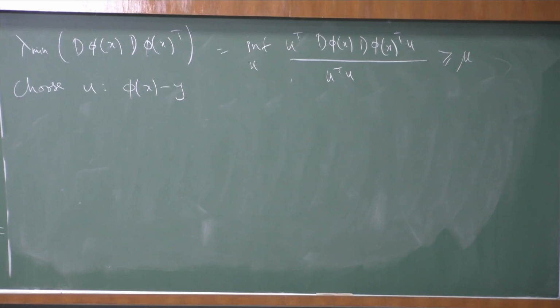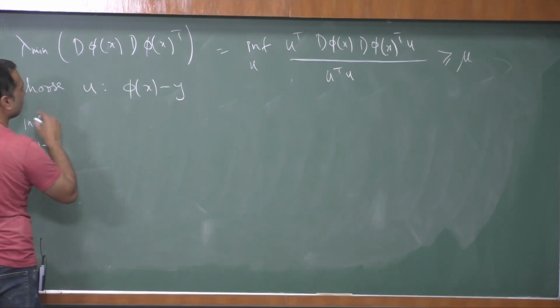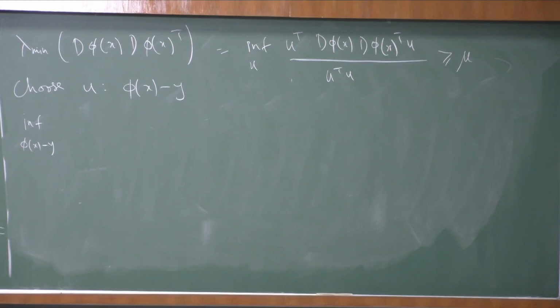Then I have the infimum over u, which is phi x minus y, and, I'm worried about the denominator, but the denominator, oh, that's how I get the f, right?